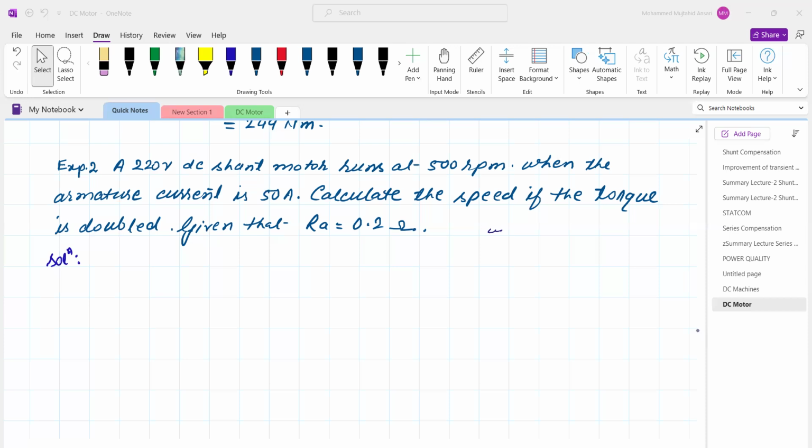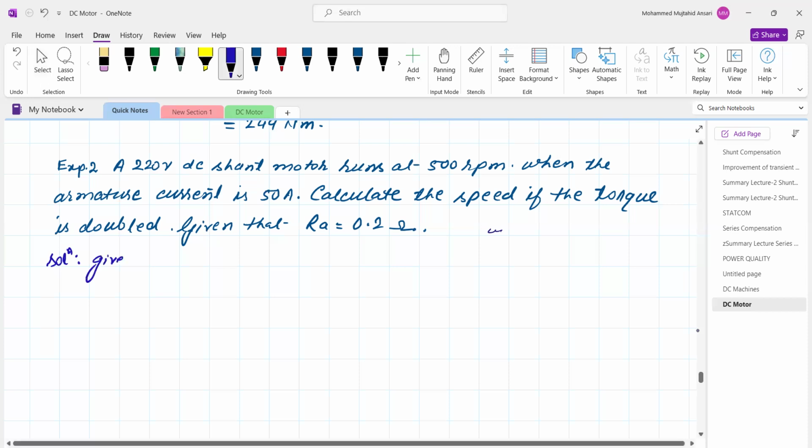So what are the given elements? Given data: voltage is equal to 220 volt.